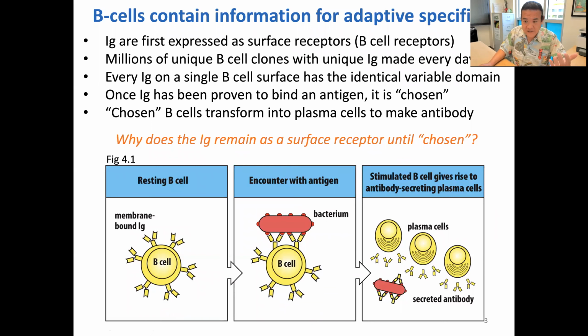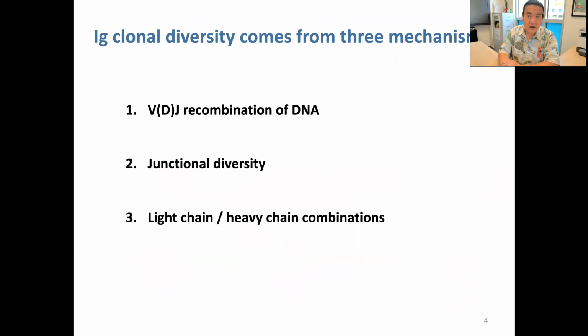That B cell is off somewhere else in the body. You need to know which cell actually has the information to make that particular three-dimensional structure. So that's why selection happens when the immunoglobulins are still in the B cell receptor form. Very important conceptual point there.